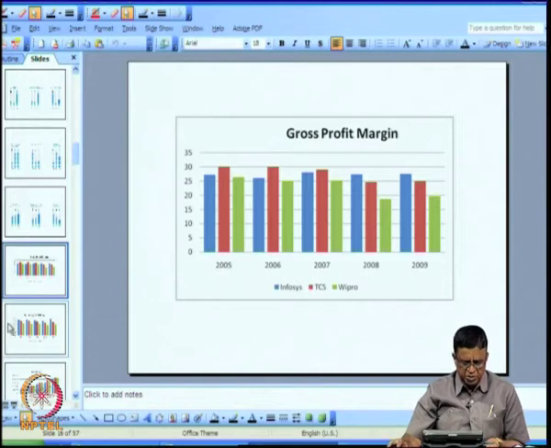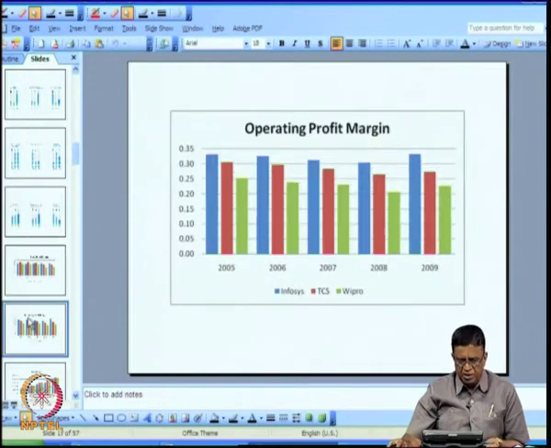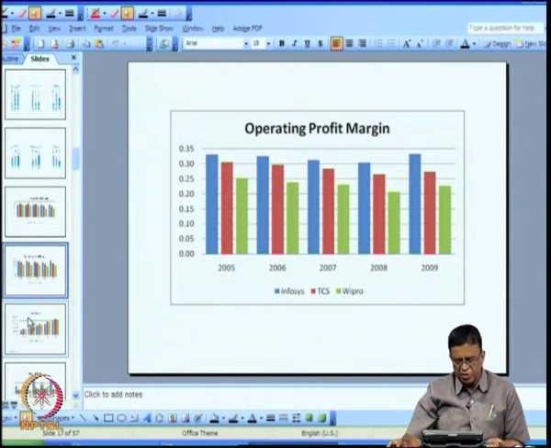This is the way one analyzes. Similarly, operating profit of Infosys is always higher compared to TCS and Wipro, whether it was 2005, 6, 7, 8 or 9. Now, what does it mean?